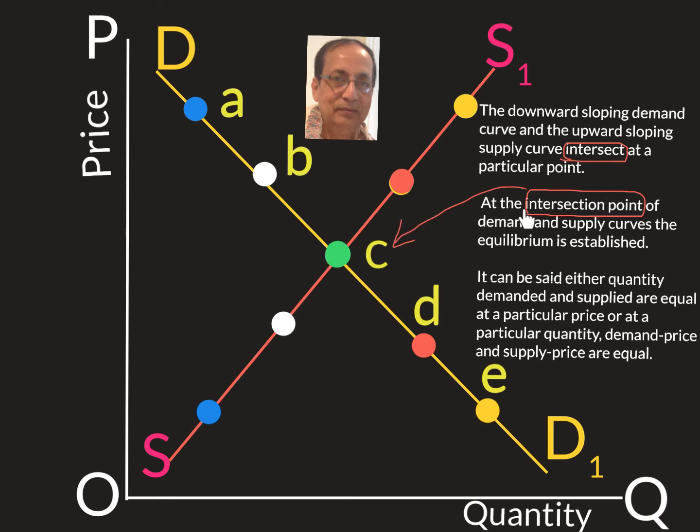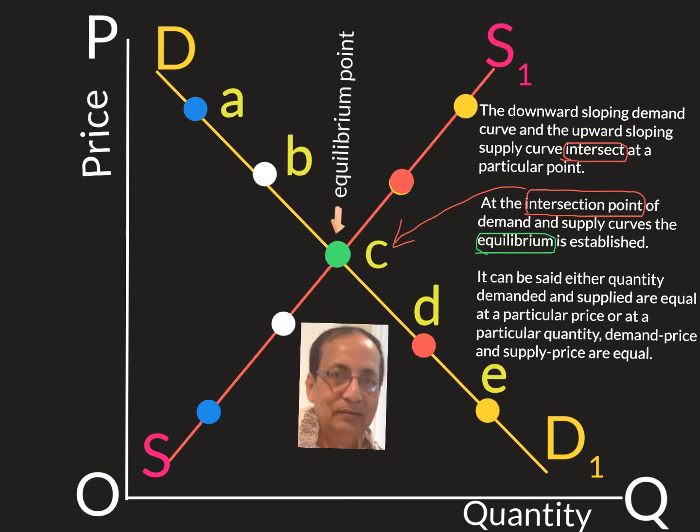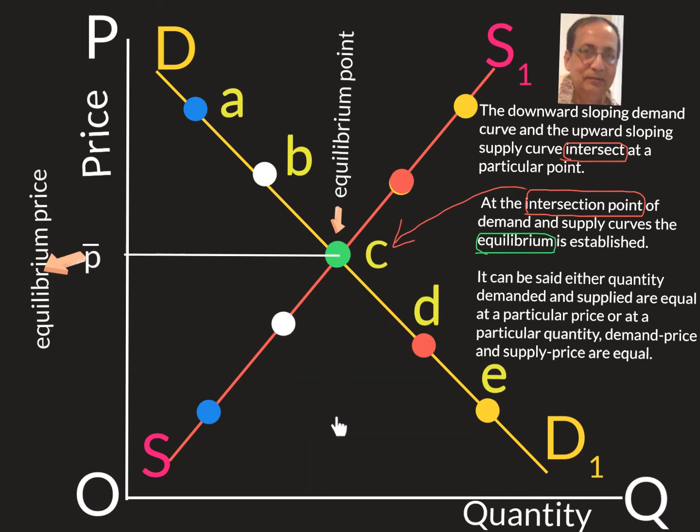At this intersection point of demand and supply curves, that is at the point C, equilibrium is established. So C is called the equilibrium point. And at this point, the price which is determined is called the equilibrium price, and the quantity determined is called equilibrium quantity.